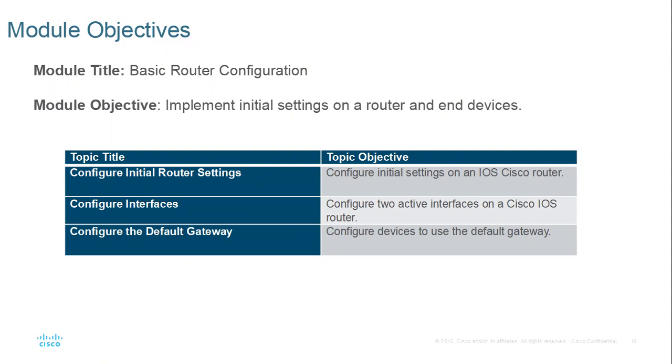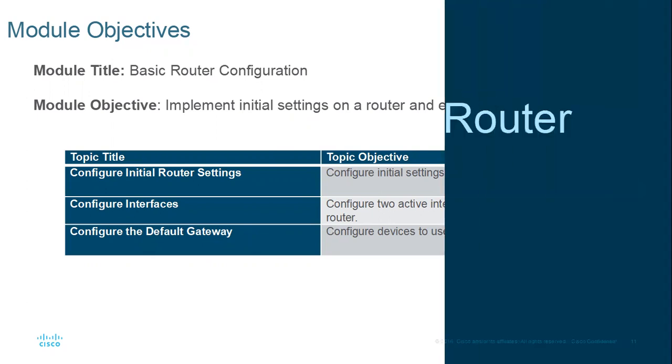That's what we want to learn in this module. Or we might want to configure the interfaces, or configure our default gateway, the one we use to connect to the internet or out of our home network or office network.